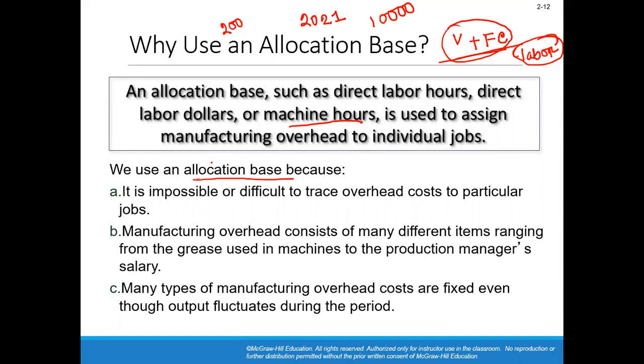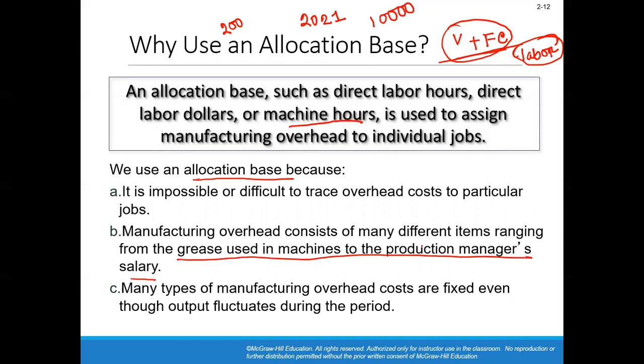Okay. And what kind of costs are included in the manufacturing overhead cost? A number of varieties. Examples start from the cost of grease used in the machine. It ranges to the production manager's salary.